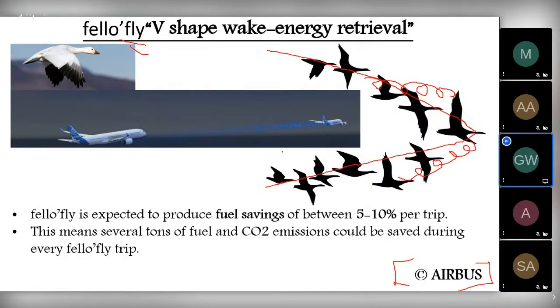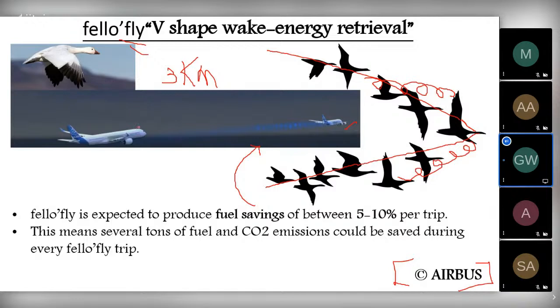When this kind of technology is applied to aerospace, we have experimental proof by Airbus. Consider there is a plane flying in some particular coordinate, and when another plane follows it within a range of 3 kilometers, it will lie within the wake region.